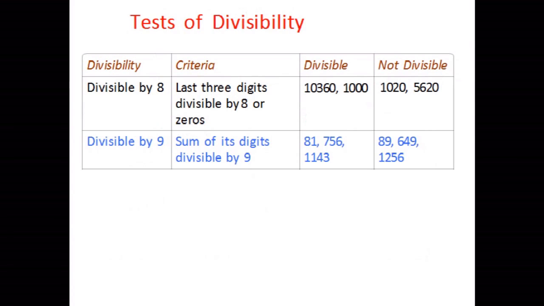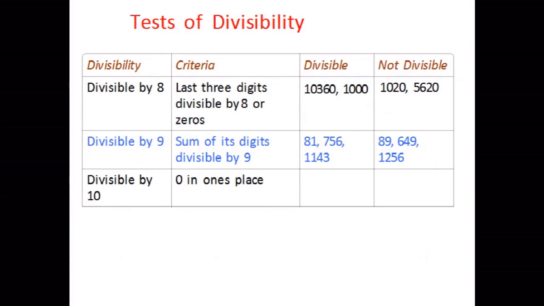Plus 3, 9. So the sum is divisible by 9. So the number is divisible by 9. Now consider 649. 6 plus 4 plus 9. The sum is 19. 19 is not divisible by 9. So the number is not divisible by 9.